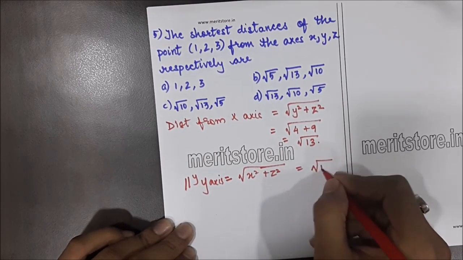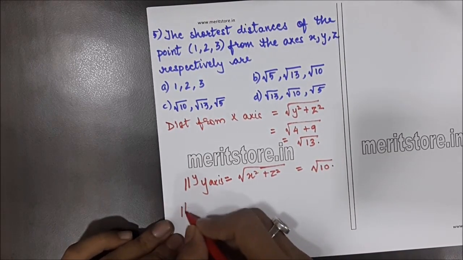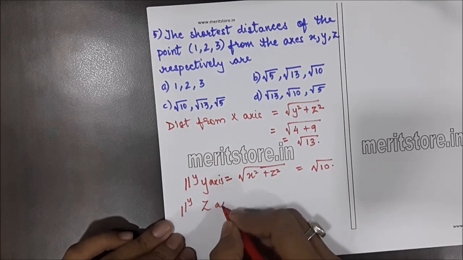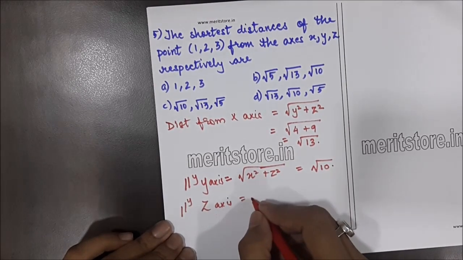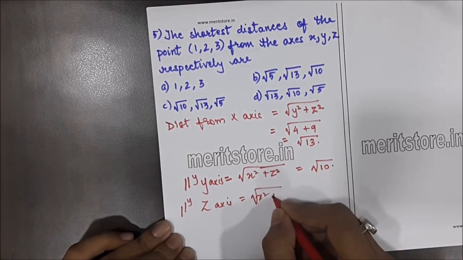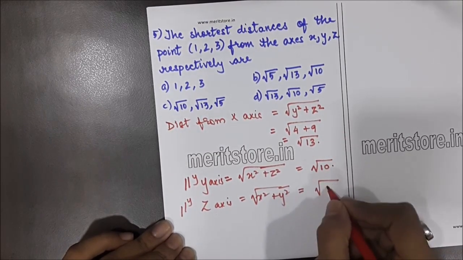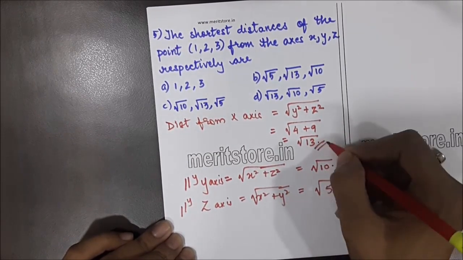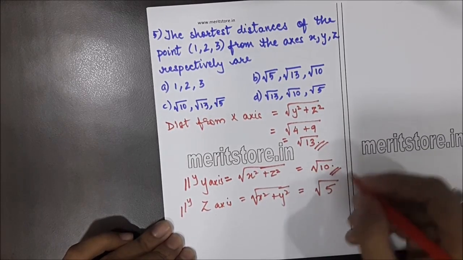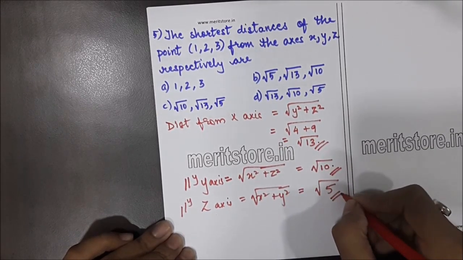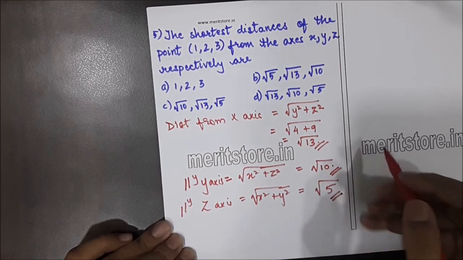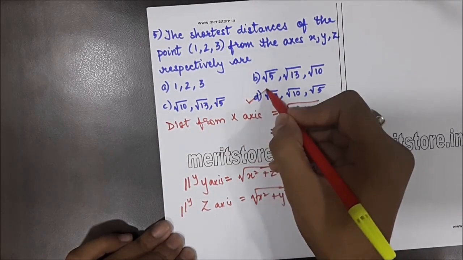Substituting, we would get root of 10. Similarly, for z-axis, we would get x square plus y square, which would result in root of 5. So here the value for x-axis is root of 13, y-axis is root of 10, and z-axis is root of 5. So the correct option is option D.